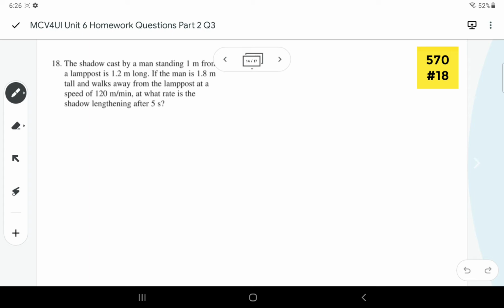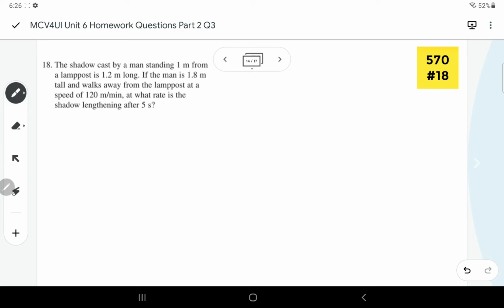So if I take a look at this, when this man is standing 1 meter from a lamppost, his shadow is 1.2 meters long. So there's a light there, and there's somebody standing there, and when this is 1 meter, the shadow on the ground is 1.2 meters. And we know that the man is 1.8 meters tall.